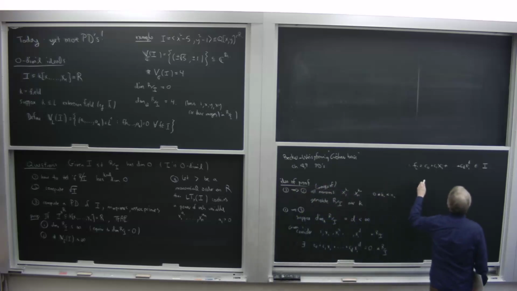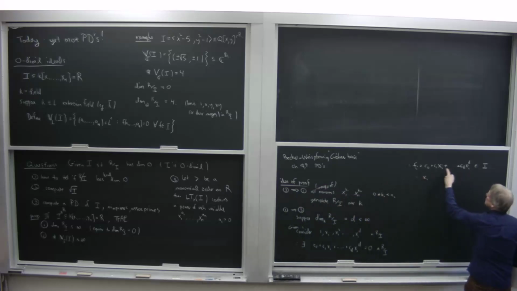One of these is non-zero. Some Ci is not equal to 0 since it's a linear dependence. So therefore, xi to some power ai is in the lead term ideal of I for some ai.